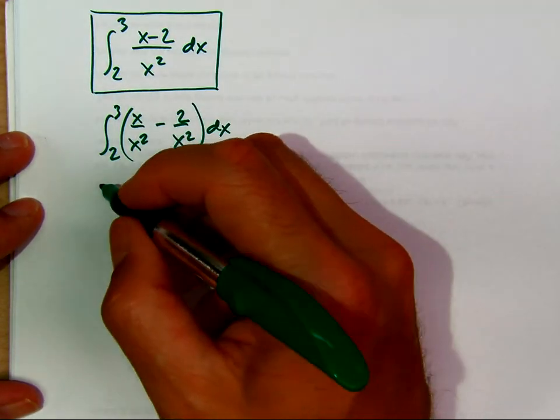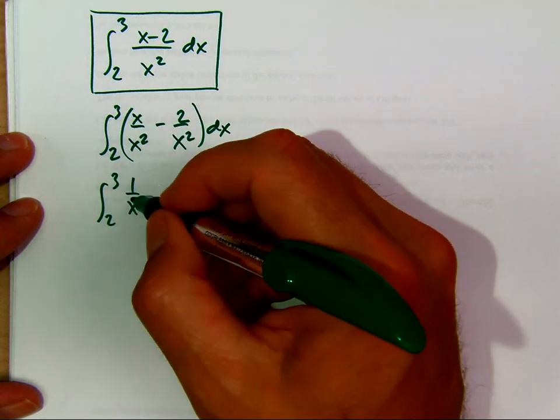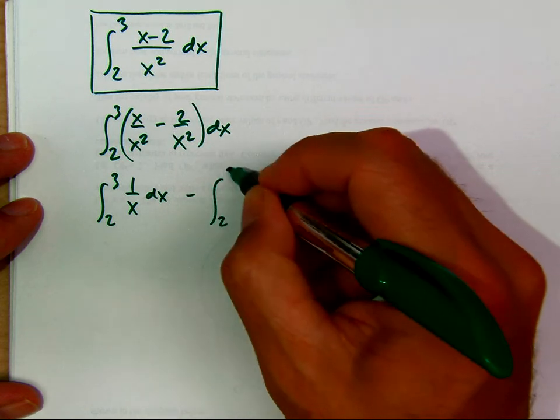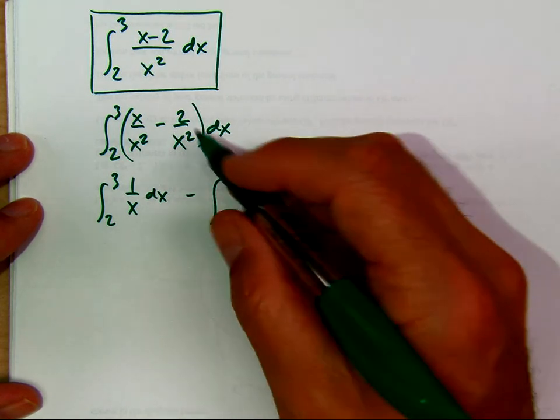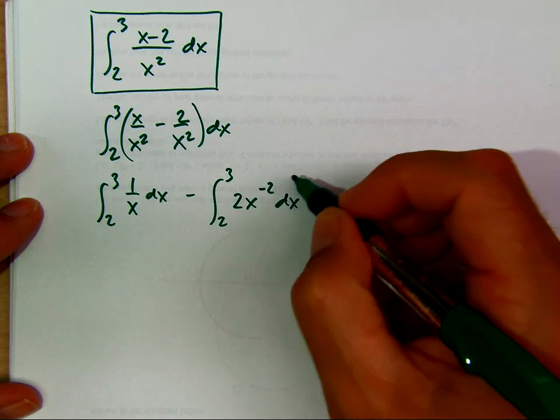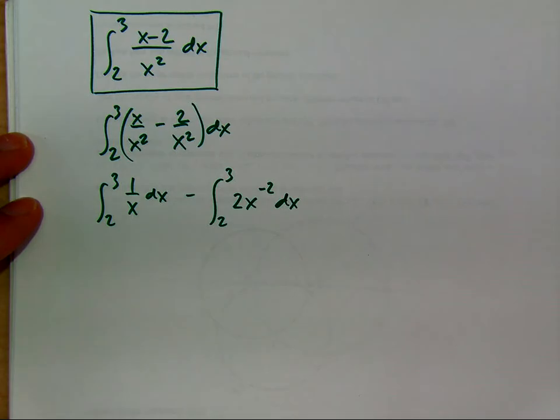So we'll rewrite that 1 over x, so that reduces to 1 over x. Let's just separate them. And we could write that as 2x to the negative 2. So we're going to use the power rule there, and then we can just use a natural log there.